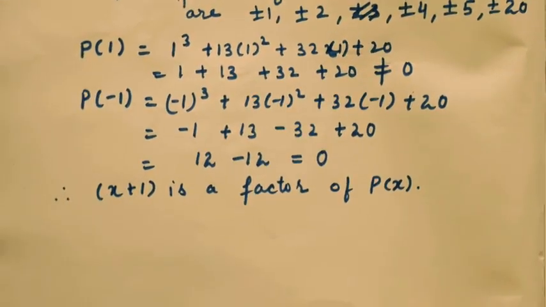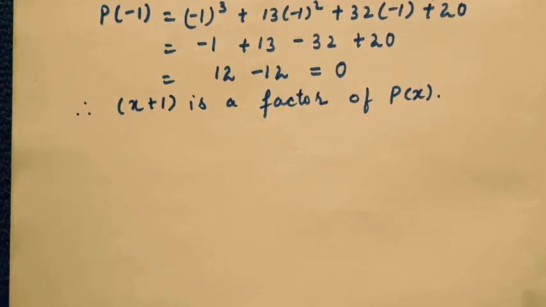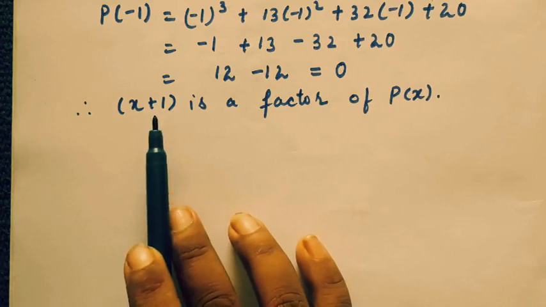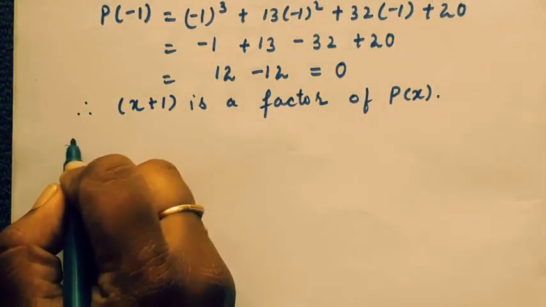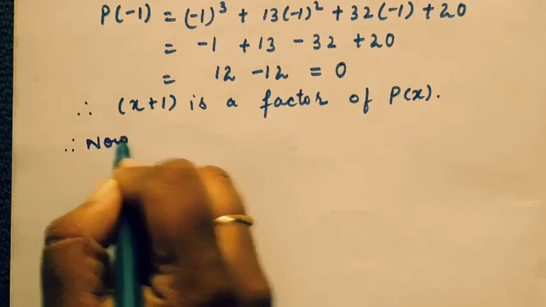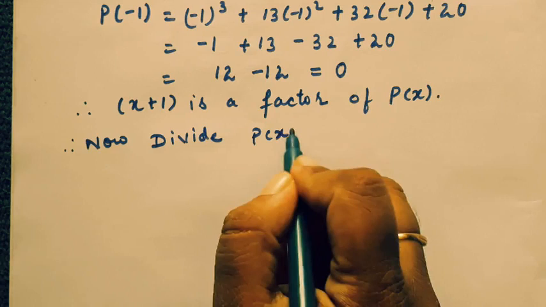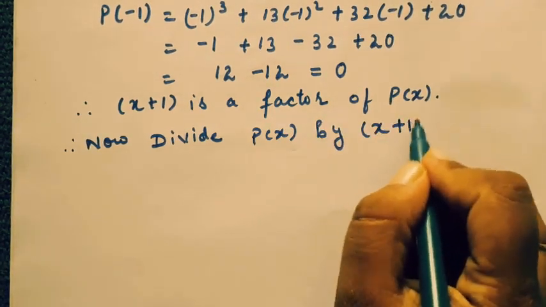So let's move to the next step. I will divide p(x) by x plus 1. So here we go. See, now divide p(x) by x plus 1.